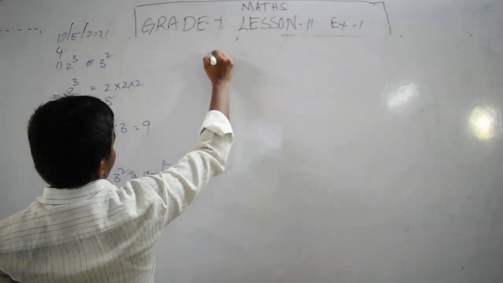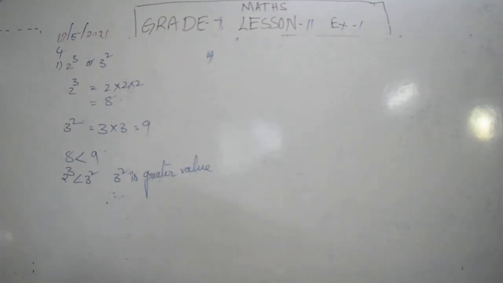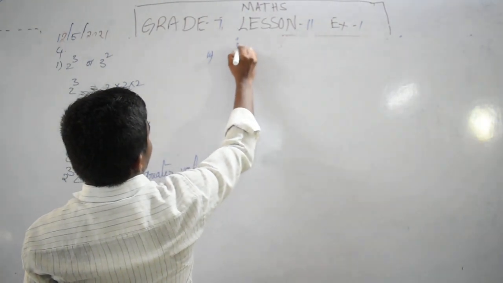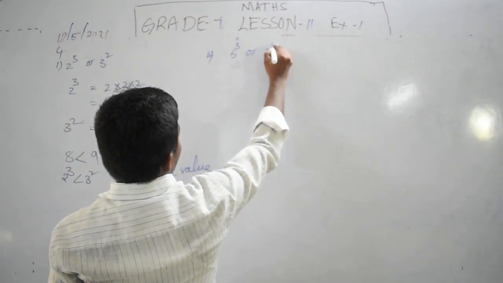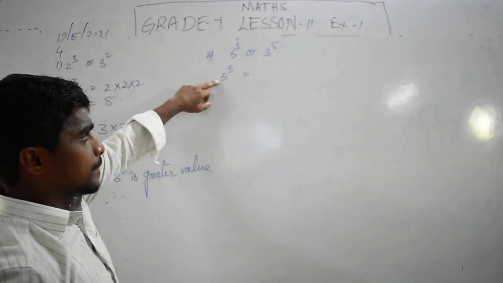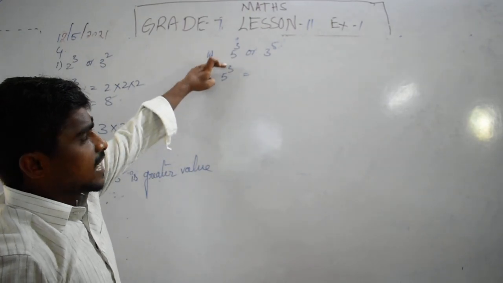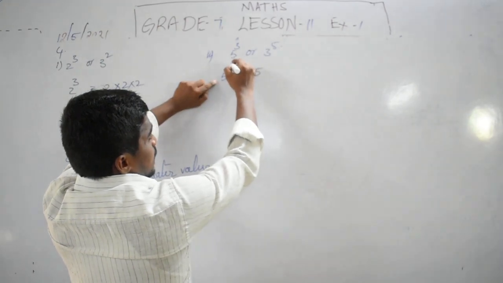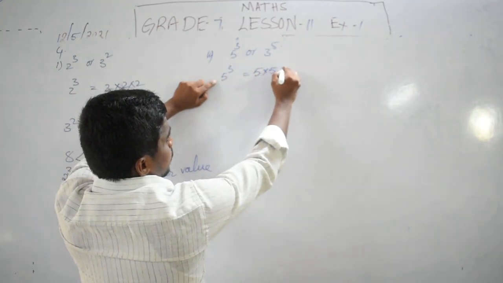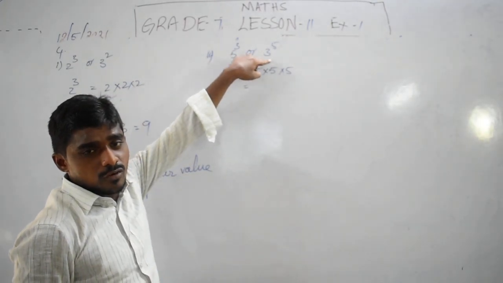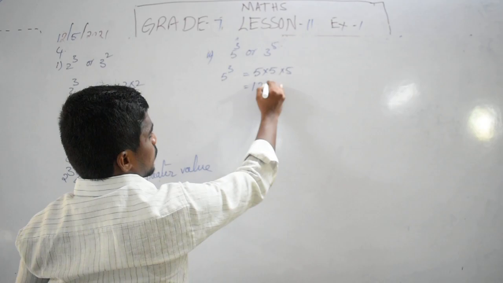Second one: 5 cube or 3 power 5. 5 cube has base 5 and exponent 3, so 5 is multiplied 3 times. 5 fives are 25, 25 fives are 125.